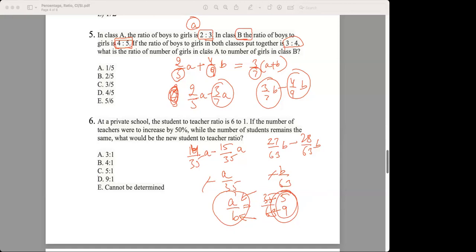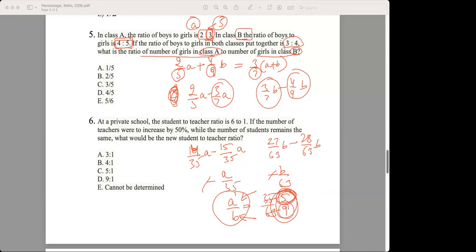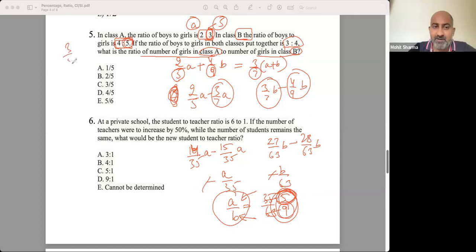So what we need is finally the ratio of number of girls in class A to number of girls in class B. So let's say there are 5 people total in class A. So there'll be 3 girls out of that. Okay. And there are total 9 people in B. Yes, sir. So there'll be 5 girls out of that. So 3 by 5 would be that ratio. Simple.